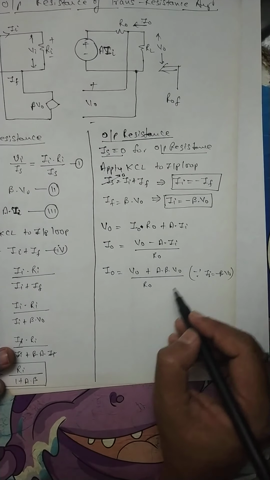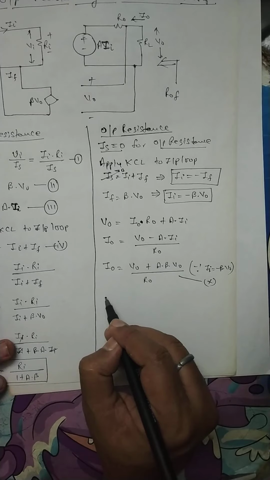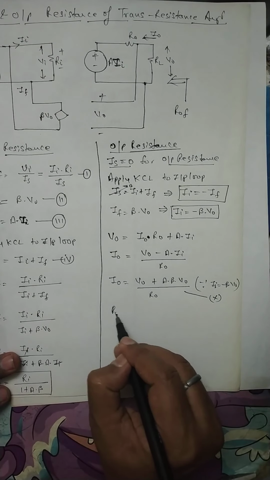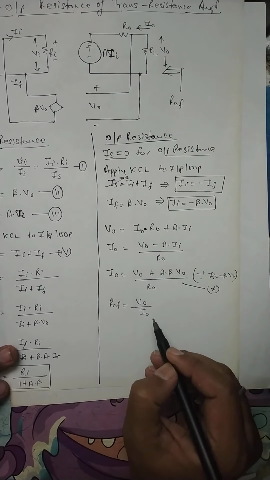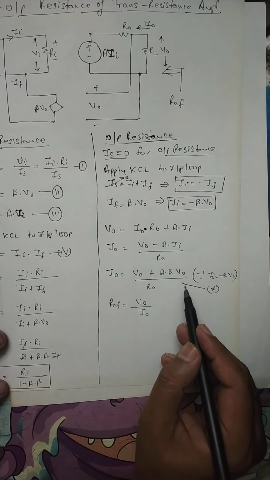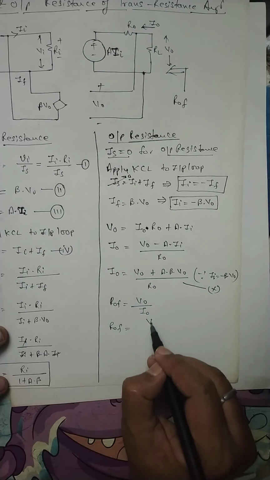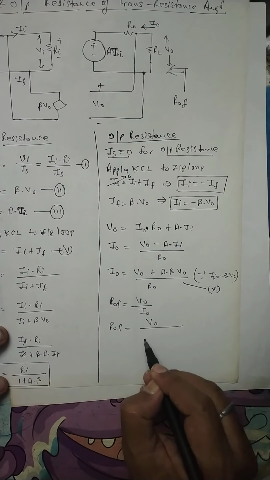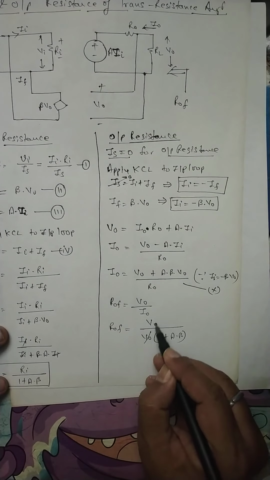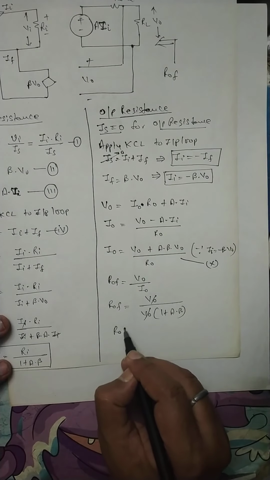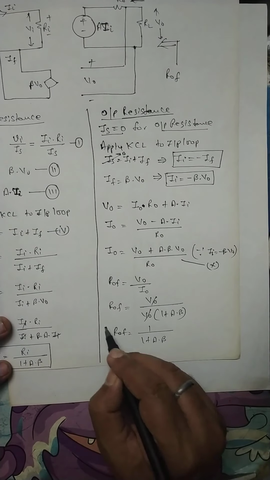Now we can call this equation X. Now from the circuit we can calculate Rof = V0 / I0, and putting the value of I0 from equation X, it will be Rof = V0 / (V0 (1 + A × beta) / R0). V0 will be cancelled out, so Rof = R0 / (1 + A × beta).